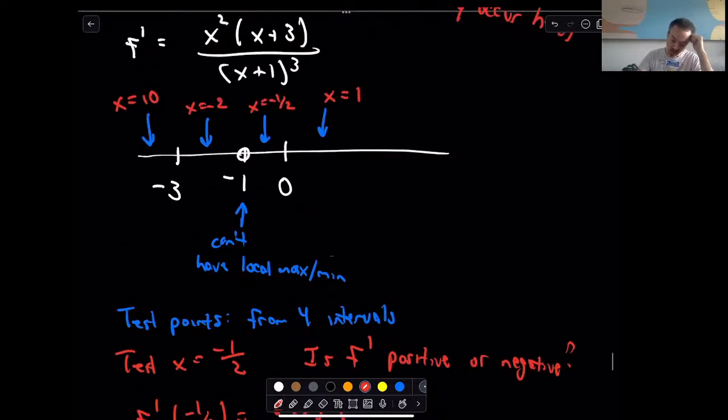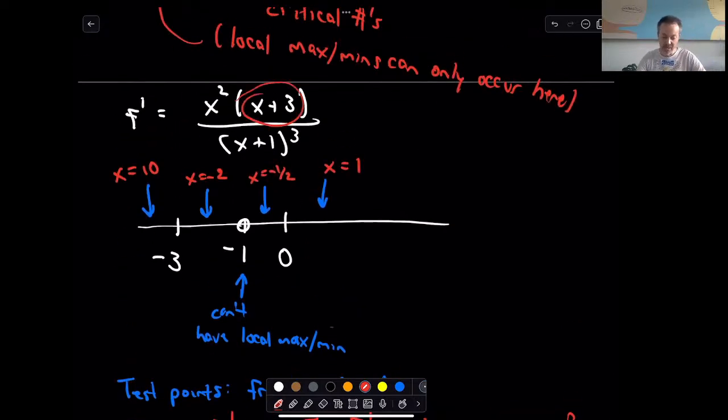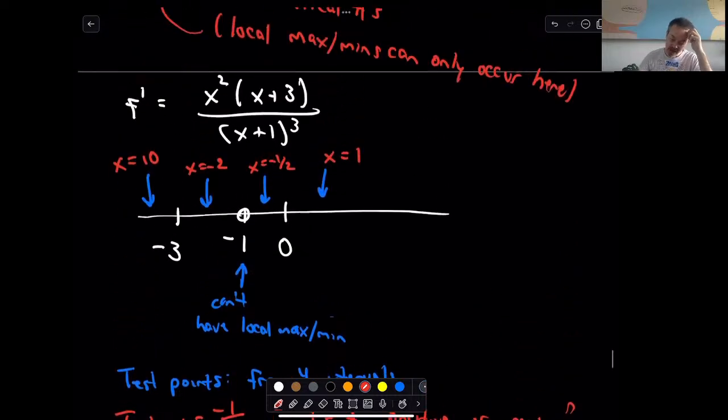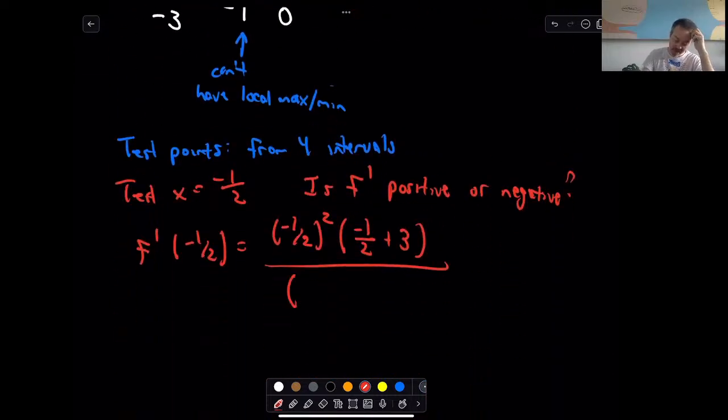And then I'm going to have, what was it, -1/2 plus 3. And then in the denominator, I'm going to have -1/2 plus 1 cubed. That's what I'm going to have. So all I'm really thinking about is, is it greater than 0 or is it less than 0? Is it positive or negative?